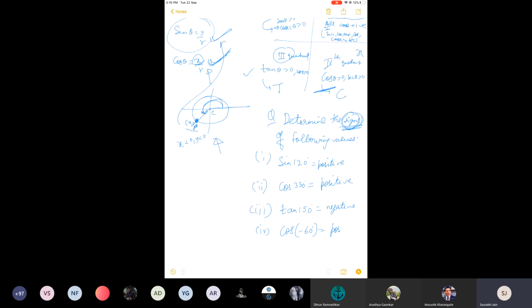Clockwise. Yes, clockwise. Which quadrant first? Fourth. Yes, correct. Good. See, the answer will be positive. Why? Because I told you that the positive x-axis is always considered the initial side. So we have the initial side of the angle.